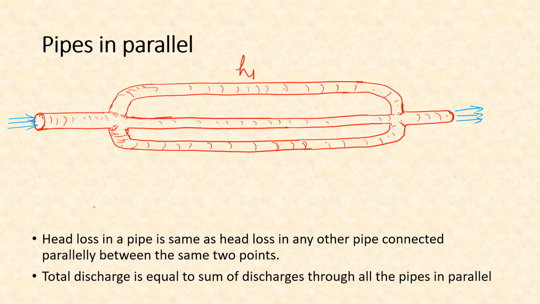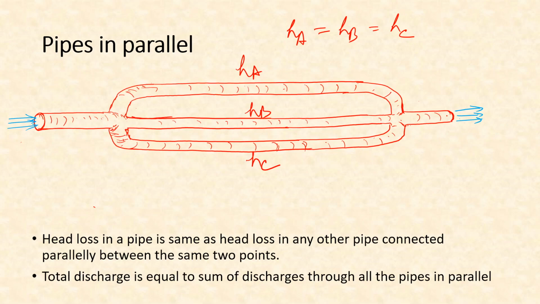That means HA, suppose, is the head loss or head difference between the two ends of pipe A, and HB and HC will be equal. HA is equal to HB equal to HC. So this is one equation that we have.